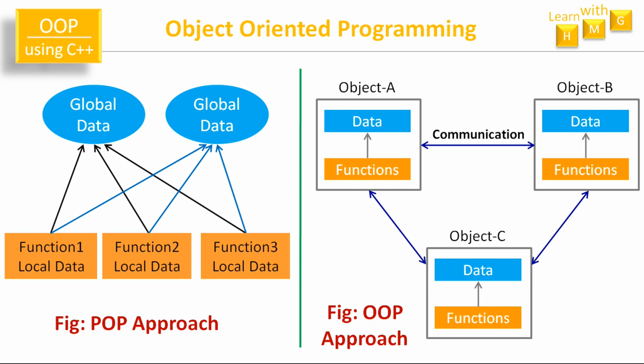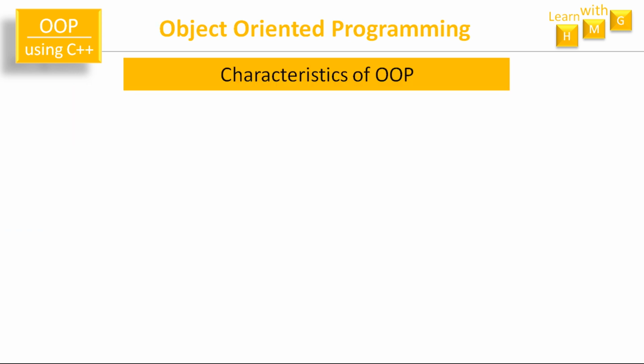While in the OOP approach, every object has its own data, that is, there is only local data, there is no concept of global data in OOP. So with the help of these two diagrams, you can easily compare what the POP approach is and what the OOP approach is, how the data is accessible, how the data is local and global, and how the communication is done.